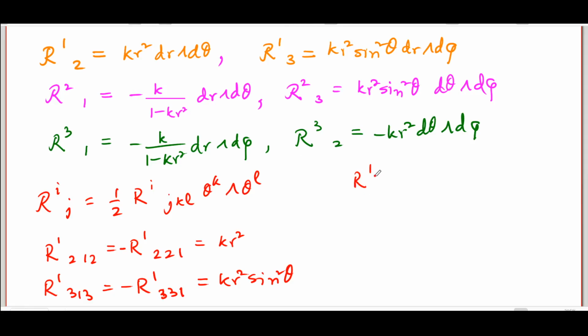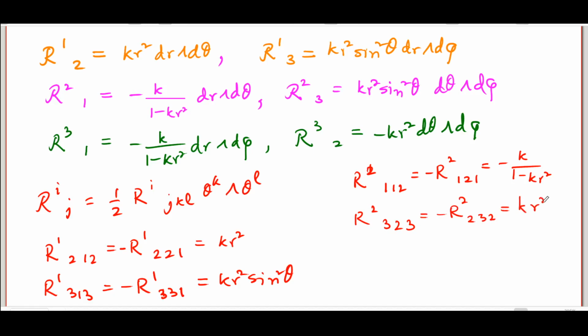R2,1,1,2 is minus R2,1,2,1 and they are given by minus k by 1 minus kr square. R2,3,2,3 minus R2,3,3,2 is given by kr square sine square theta.